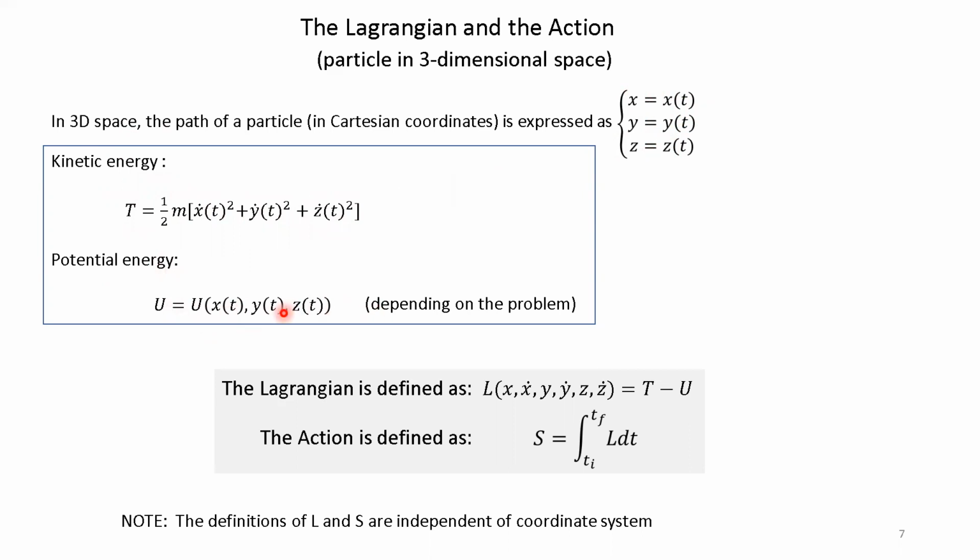The Lagrangian is still defined in the same way: the kinetic energy minus the potential energy. But now I have 3 coordinates, or 3 variables: x, y, and z. And the action is still defined this way.